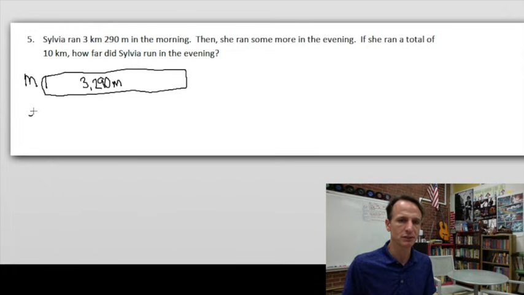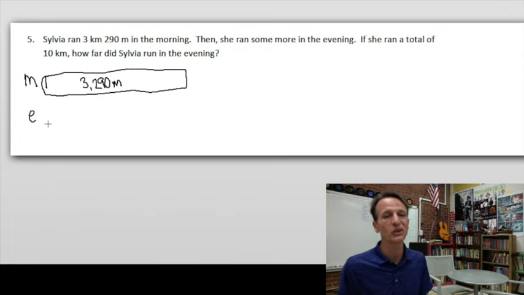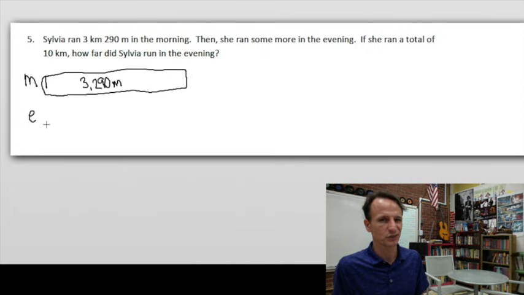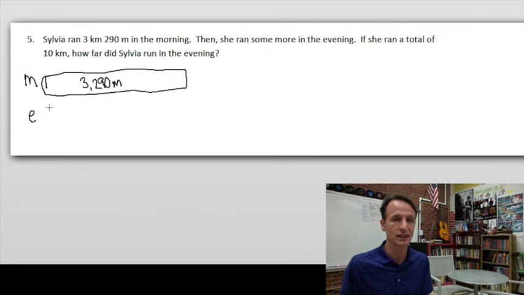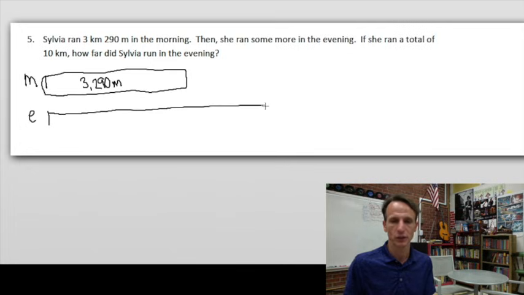And then in the evening, we don't know how much she ran at all. In fact, we don't even really know if it's more or less, although you're savvy enough, you can do a little mental estimation. Say, oh, this is about 3,000, total of 10 kilometers is going to be 10,000 meters. We can jump ahead with that. So it's going to be 7,000. So actually the evening run is substantially more, about double even. I'm not going to draw it quite that long. I won't leave any room to do my math.